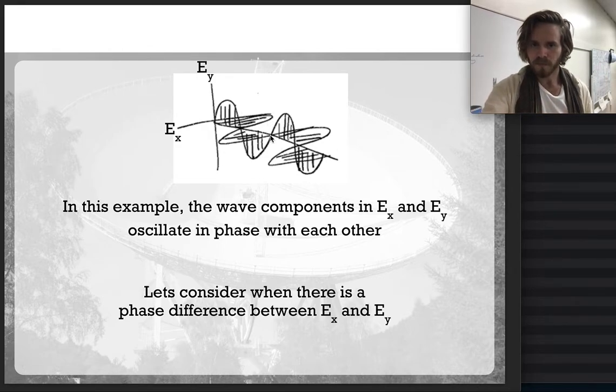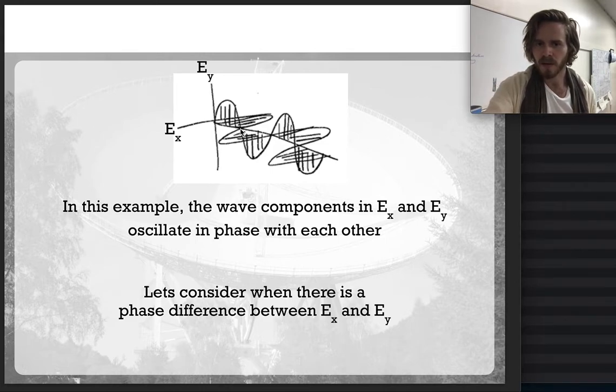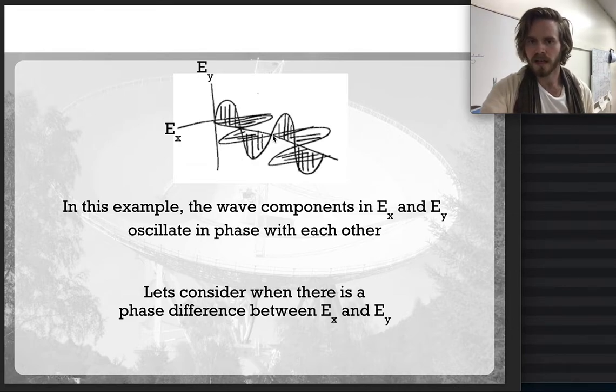You can see quite simply this is half of a phase for the component in the y-axis, and this is half of a phase for the component in the x-axis, and they reach the nodes at the same time. So you have your peak and your peak. This is about three quarters of the way through a wave, and they're peaking at the same time, and then they resolve at the next node at the same time again. So these two waves are in phase.